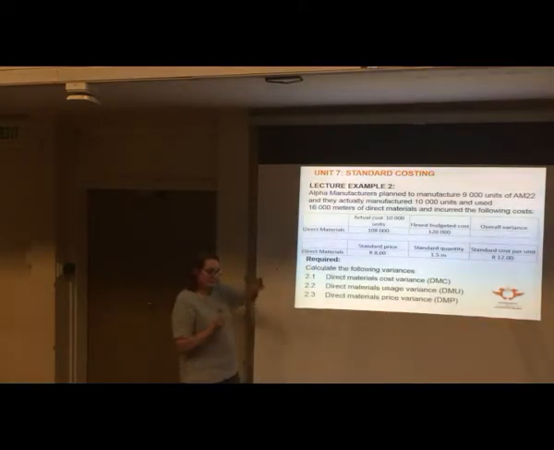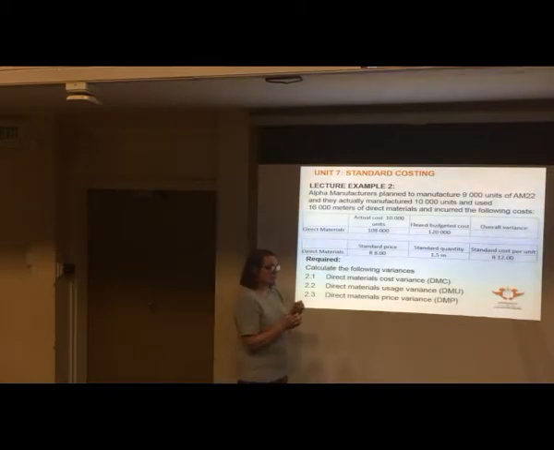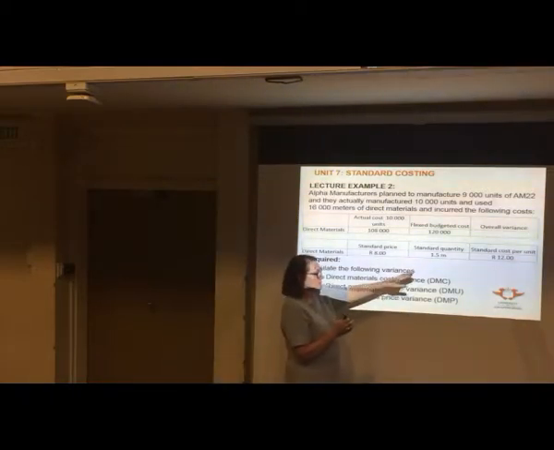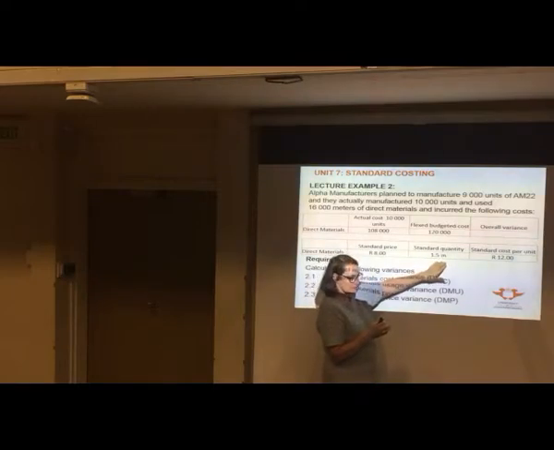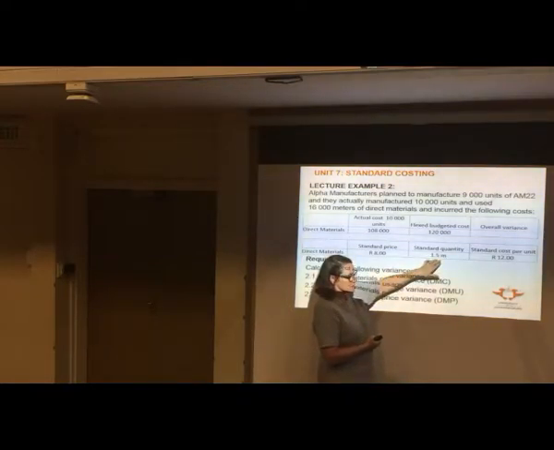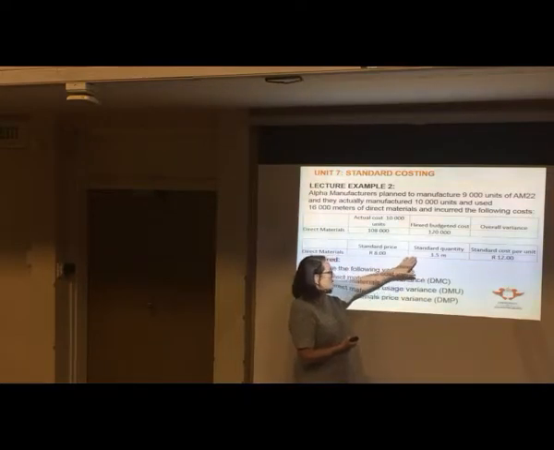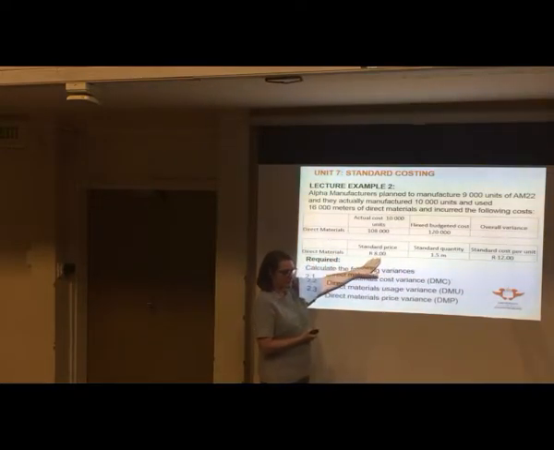It's the same as the activity we just did. How many units did we produce? 10,000, so write 10,000 down. What's the standard quantity per unit? Multiply by 1.5. That's going to give you your total standard quantity. Multiply by your standard price. What's your standard price?